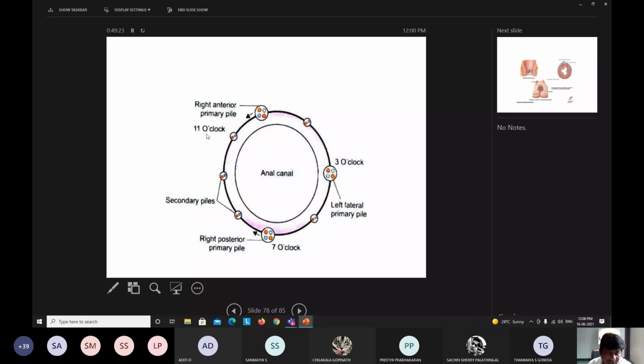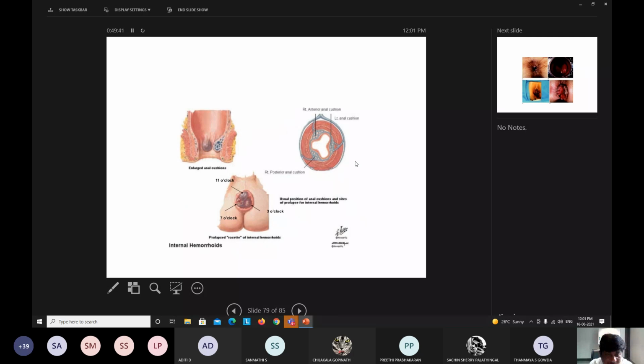Usually the piles are present at the 11 o'clock, 7 o'clock, and 3 o'clock positions. Most primary piles are at the right anterior, right posterior, and left lateral positions, that is, the 11 o'clock, 7 o'clock, and 3 o'clock positions.